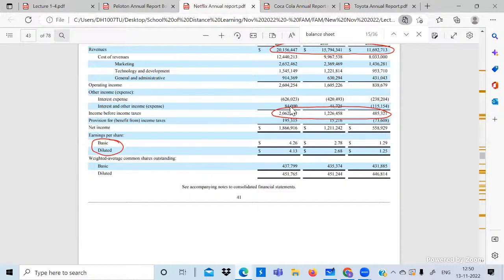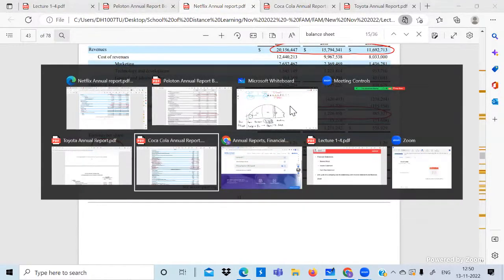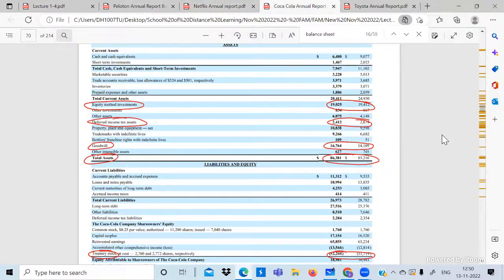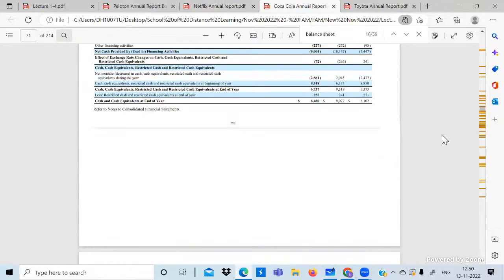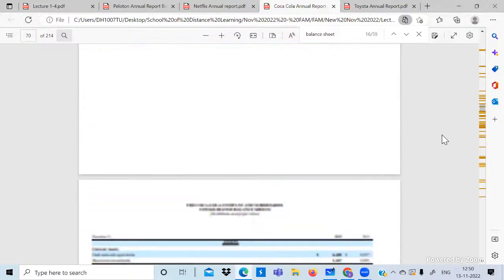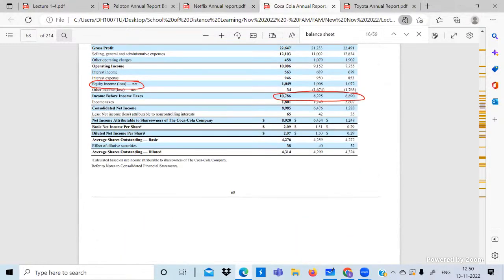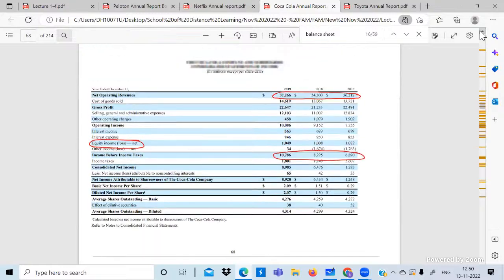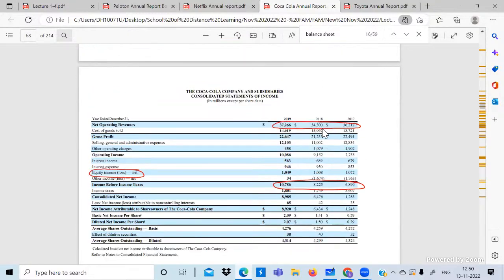And finally, let's say if I look at maybe Coca-Cola, so yeah, this is the income statement of Coca-Cola. Look at the revenues. From 36 they've gone up to 37 over a span of 2 years.